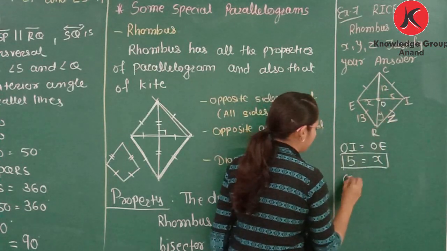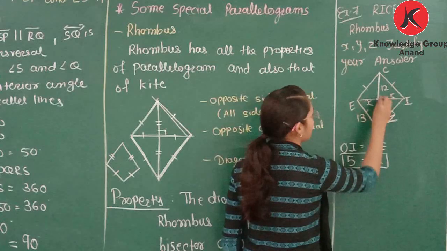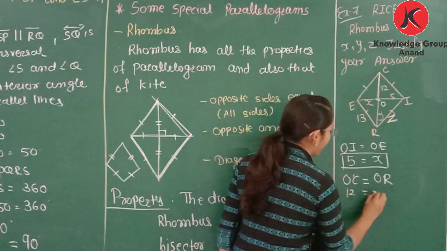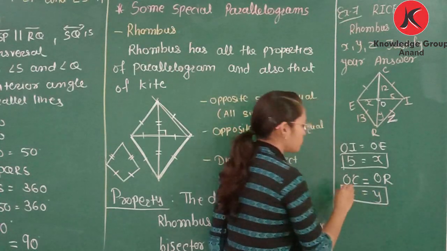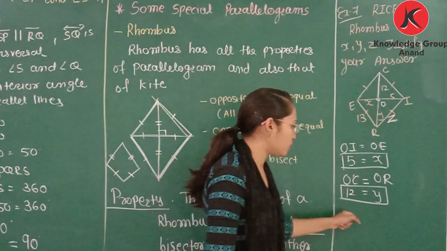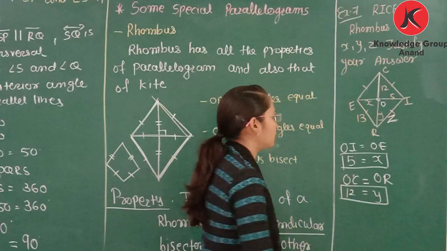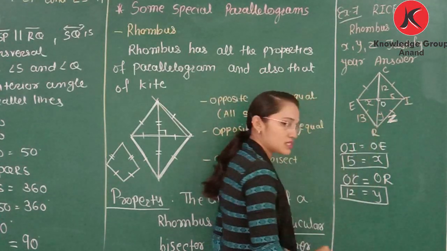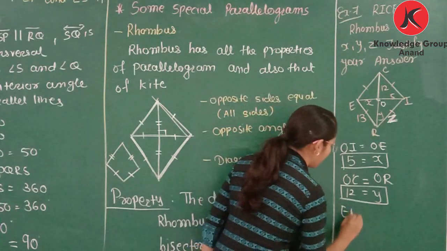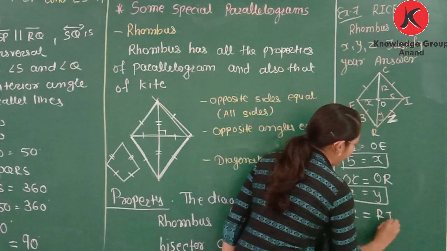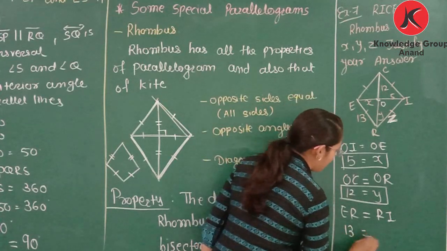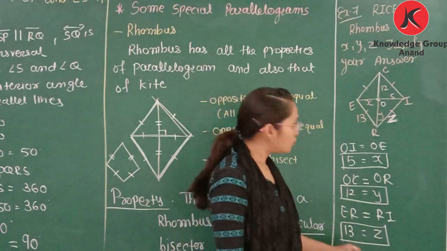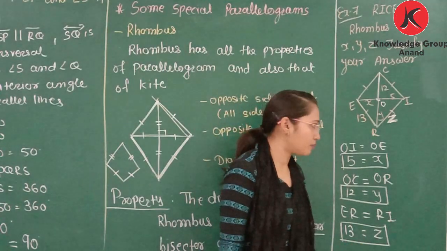Now OC is equal to OA. OC is what? 12, OR is 5. So OE is also 5 and y is also 12. Why? Because the diagonals are perpendicular bisectors. Now in a rhombus all sides are equal, meaning this side Z and this side are the same. So ER is equal to RI. ER is 30, RI is Z. So Z is equal to 30. Clear? Using this you can solve the example.